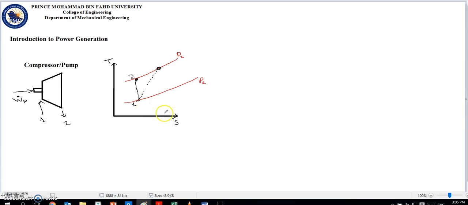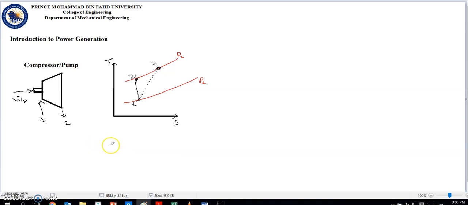We can always create entropy, but we can never destroy entropy. So we'll call this point 2S and this point 2. Now, based on this graph, we can introduce the isentropic efficiency of the compressor.